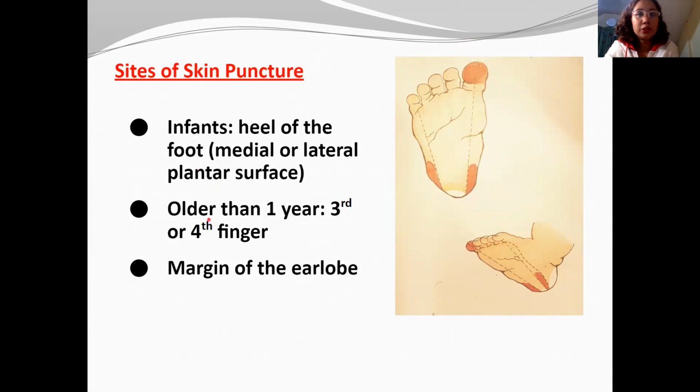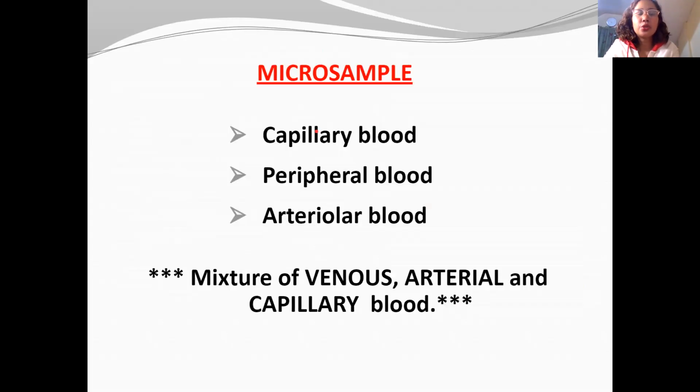And for older children who are already walking, you could extract on the third or fourth finger or the margin of the earlobe, which I never tried. For microsampling, expect that it's a mixture of capillary, arterial, and venous blood, so it is somewhat diluted. Hemoglobin, hematocrit, and platelet will be lower. However, expect increased amounts of WBC.